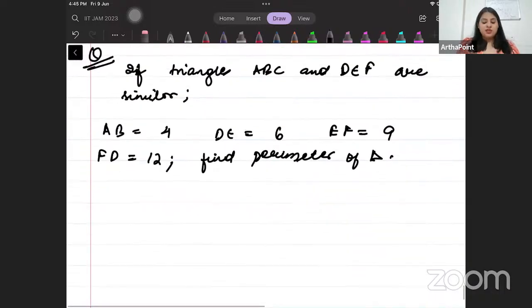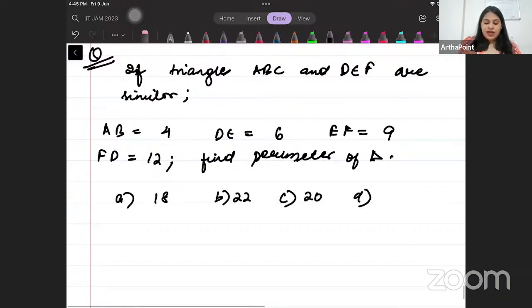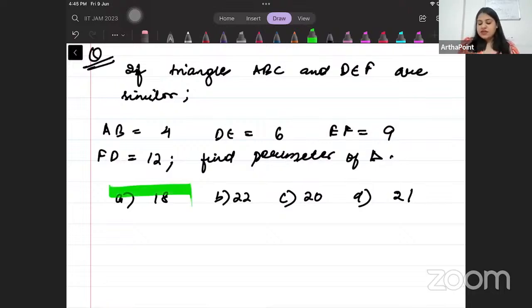Find perimeter of the triangle. So options are 18, 22, 20, and 21. But I am telling you right now that answer will be A. You have to try and see how.